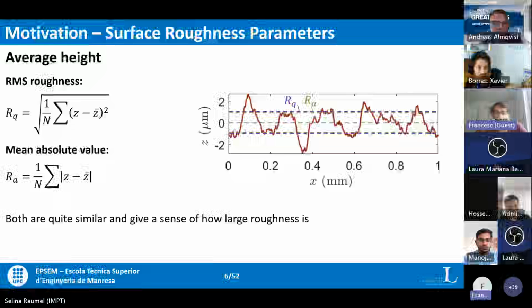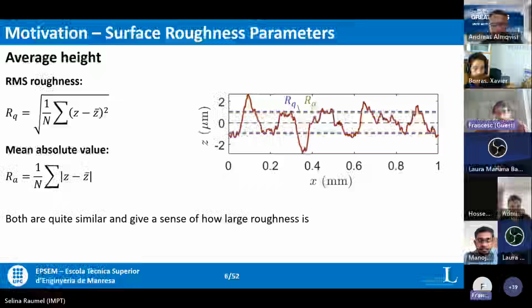Both are actually quite similar, and they give more or less a sense of how large the roughness is. So basically, if you see these dashed lines here, those are the values of RQ and RA, and basically what they are telling us is an average height. But of course, anyone that has worked in the field knows that this is not enough.